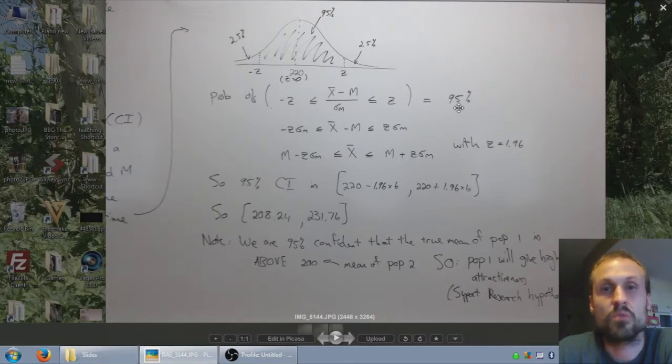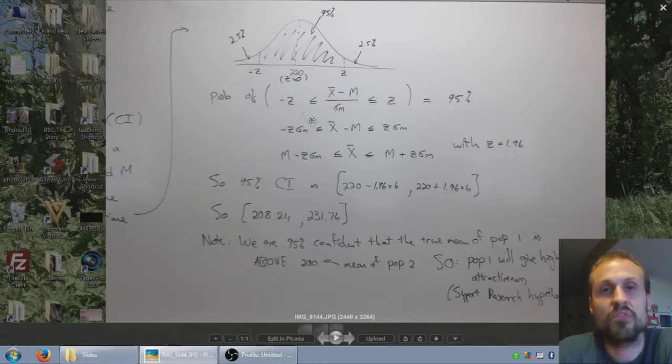But now I'm working with my distribution, so I have my sample mean here. I'm working with the standardized distribution. I have my sample value here, so I want to standardize that to the corresponding z value, z score. So I subtract the mean and divide by the standard deviation.